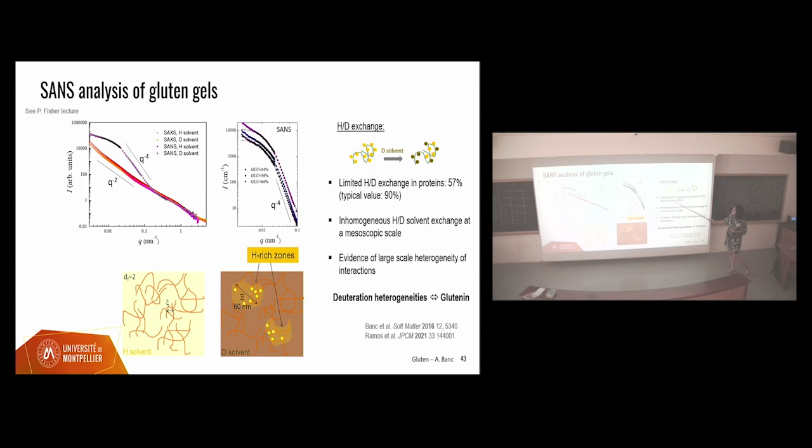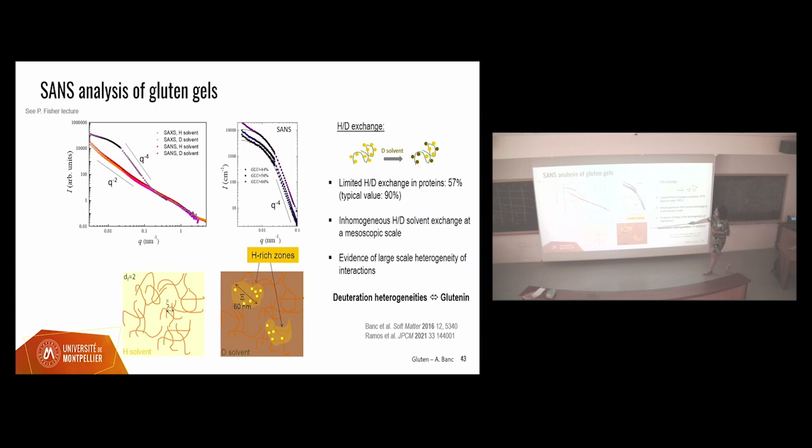And using contrast variation, that I won't describe here, we could define that we had a limited exchange of protons and deuterium in our proteins, an exchange evaluated at 57%, which is much smaller than the typical values that are expected for a classical protein that is well soluble in its solvent.